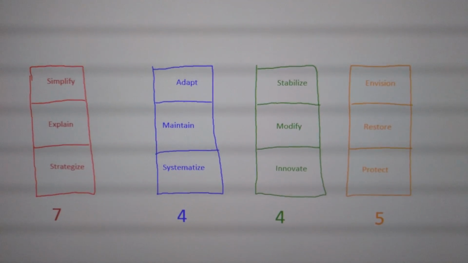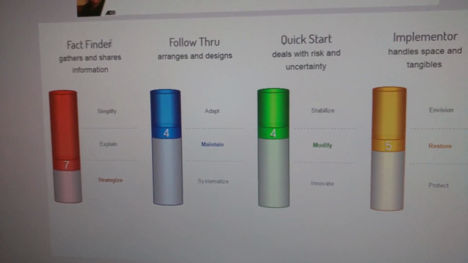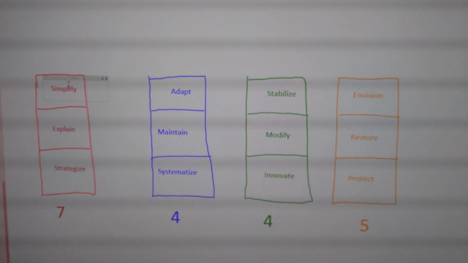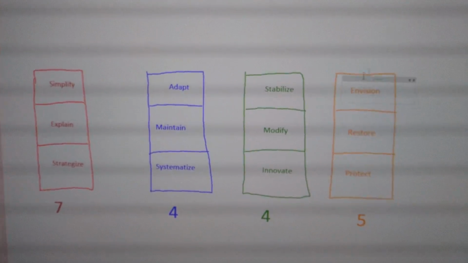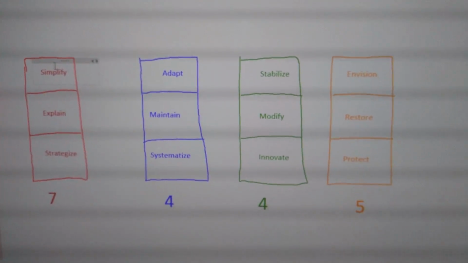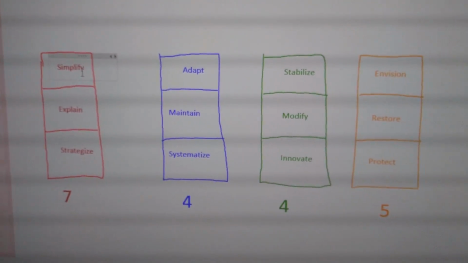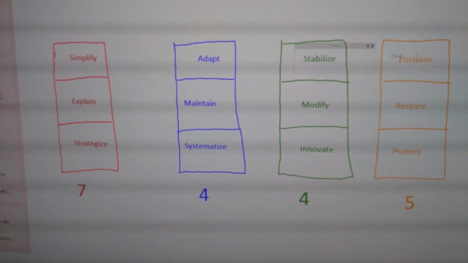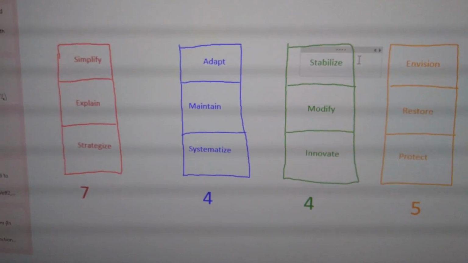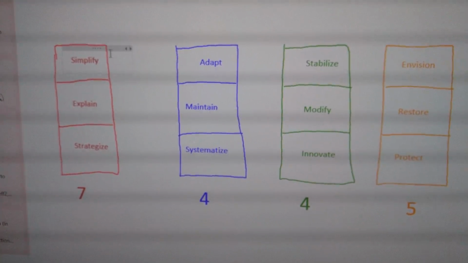We have four different ones. We've got the fact finder, which is red, follow through, which is blue, quick start, which is green, and implementer, which is yellow. When you take the test, it'll give you certain numeric scores, and for any of these four different categories, you have subcategories.